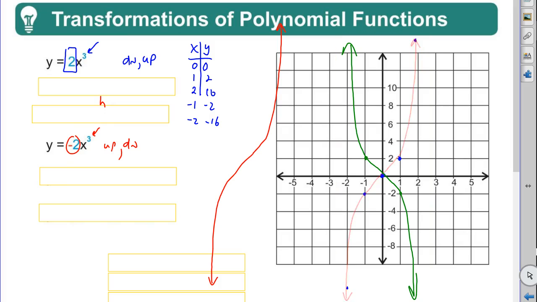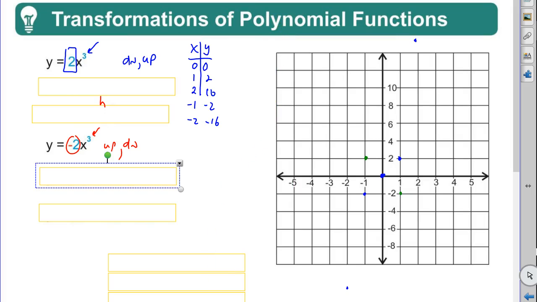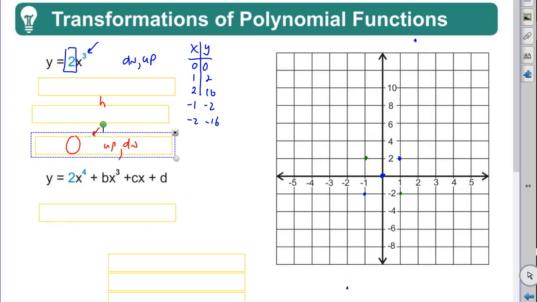Okay, let me clear this out here and do the last two here. Okay, what if we have something like y equals 2x to the 4th and then a whole bunch of other stuff? All right, well, all I want you to know is how to read the lead term.